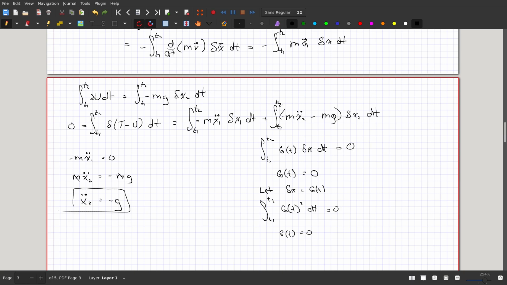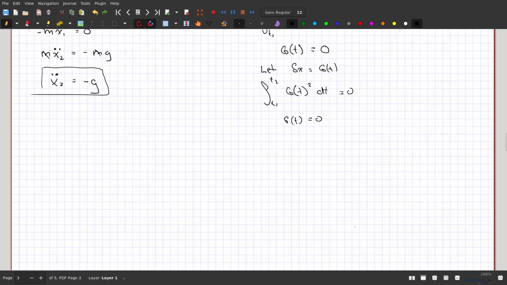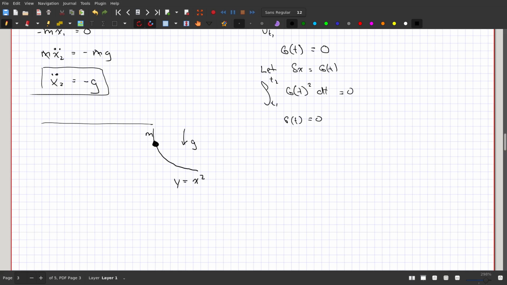So we worked through all that to get the same answer we could have just written down by inspection. Okay? Now let me ask you this question, and I'll leave you to go home and think about it, and we'll work it next time because we're at the end of class. What if I have a ball of mass m falling under the weight of gravity, but that ball is riding on a wire, and the wire has the shape of a parabola.